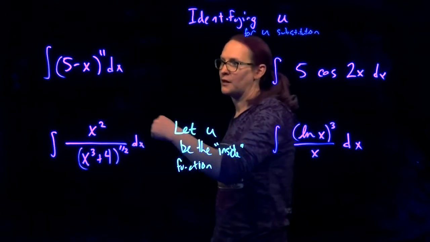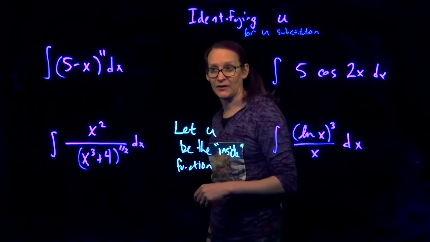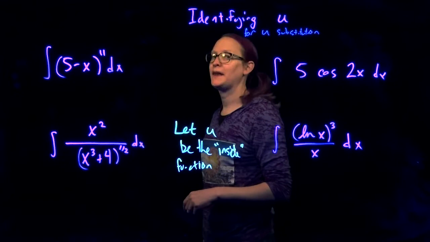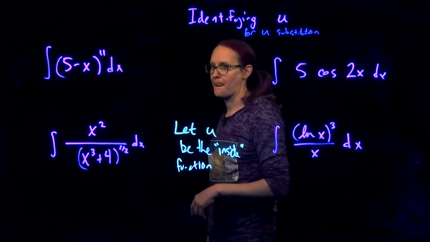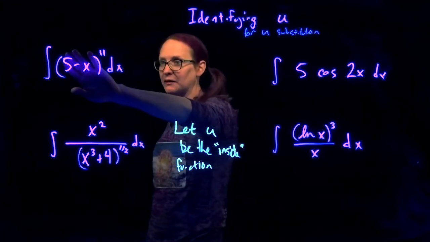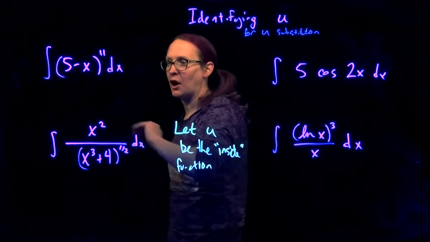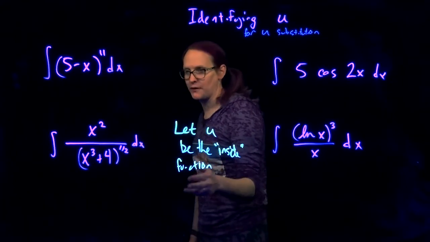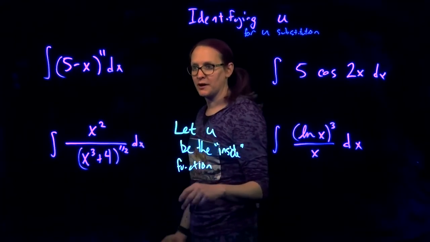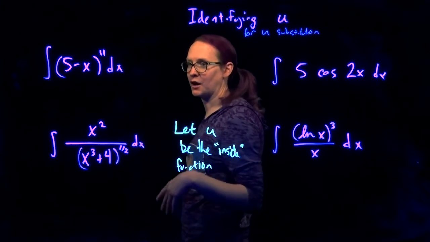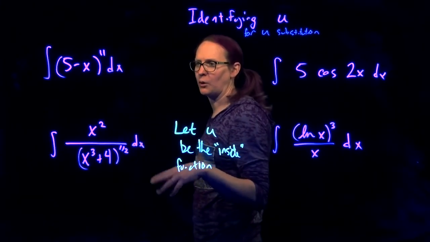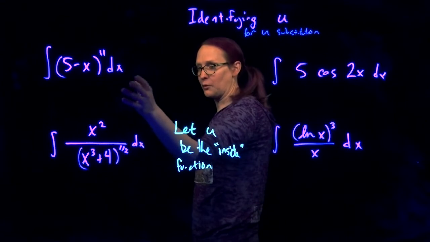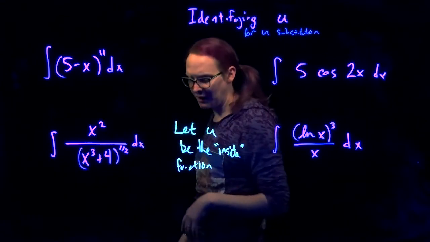Let's start with the integral of (5 minus x) to the 11 dx. I see something to the 11, and on the inside, I've got this linear function. And when I take the derivative of a linear function, I get a constant. And so there's a way that we can introduce constants if we need.